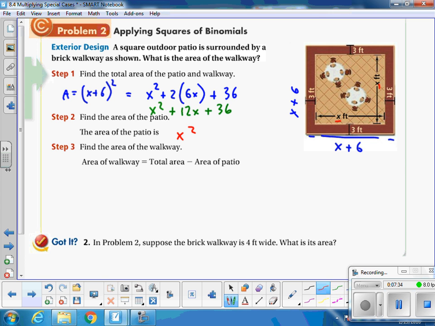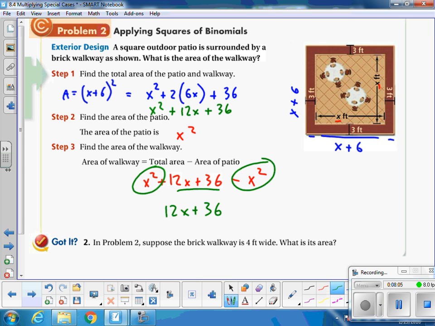So to find the area of the walkway, we need to take the total area, which we can see is x squared plus 12x plus 36, and I need to subtract out the patio area, and I can take my two like terms, clean that out, and I can see that the area of that walkway is what I've left, 12x plus 36.